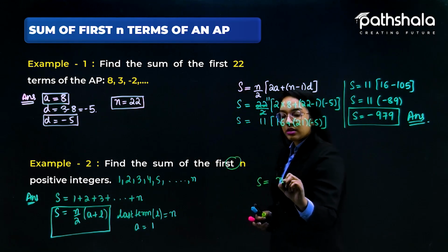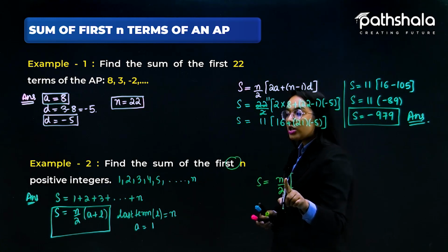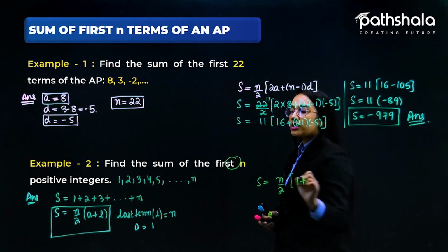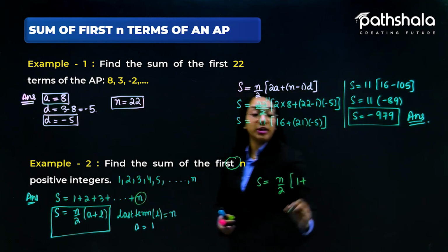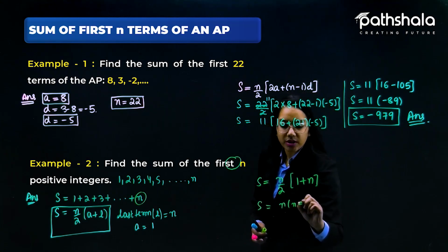So S is equal to n by 2. The n remains the same because we are talking about the sum of n terms. a is 1 plus l is the last term, which here is n. So the formula is S is equal to n into n plus 1 by 2.